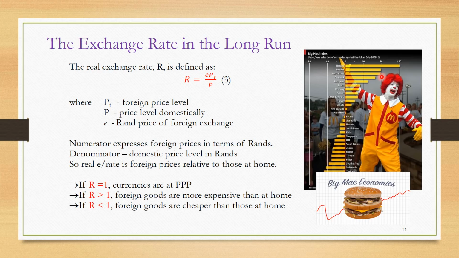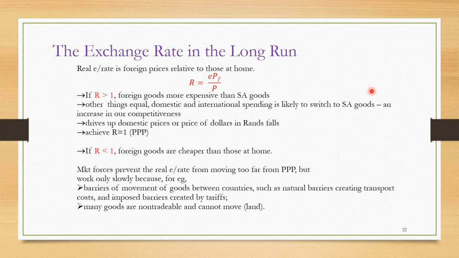Economies like Switzerland, Norway, Sweden, the Eurozone and the euro still remain overvalued. And there are things that prevent the real exchange rate from moving too far away from PPP, but at the same time they work only slowly. And that's because there are barriers to the movement of goods between countries.